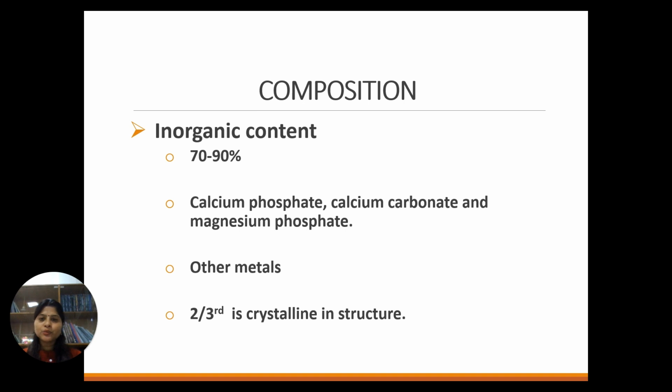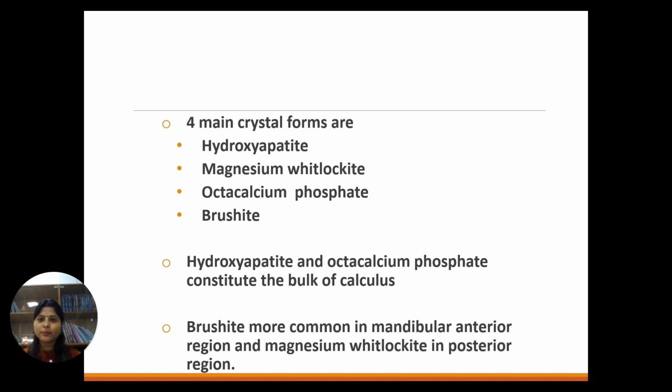It is two-thirds crystalline in structure, that is, it has crystals of hydroxyapatite, magnesium whitlockite, octacalcium phosphate, as well as brushite. Hydroxyapatite and octacalcium phosphate are the main crystals present, whereas brushite is present in the mandibular anterior region. Magnesium whitlockite is present in the posterior region.